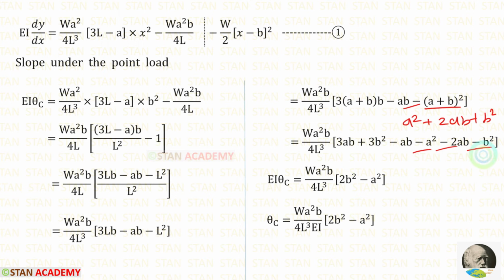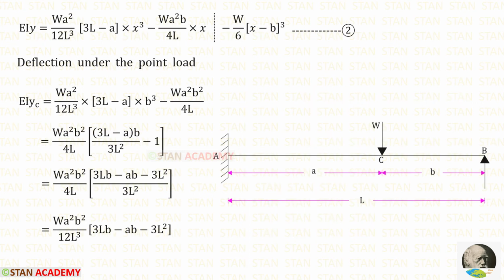So all of them will get negative. We can eliminate 3AB minus AB and minus 2AB. 3B square minus B square, we will get 2B square. Then we have minus A square. Finally, for theta c, we are getting this. Now we are going to find the deflection under the point load.